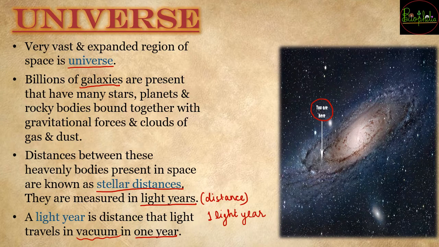As you might have studied in physics, speed is distance upon time, and once you want to calculate distance, what do you do? You do speed into time. So here speed is the speed of light, and the time is 1 year. So that gives you the distance in light years. So that is the little physics kept behind understanding light years.